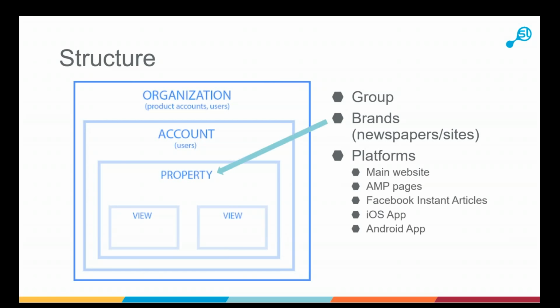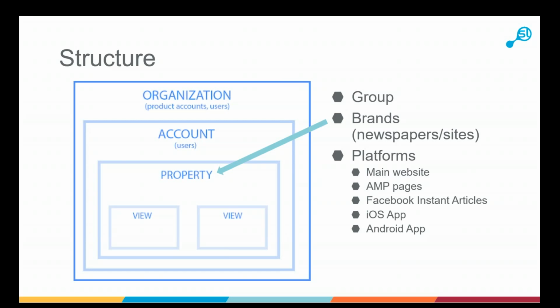I won't go into the detail of this, but the main driver behind this is how you then roll up those properties and view them in single, account level reports. So it's a very, very important decision to get right early on, because unpicking this is quite significant.